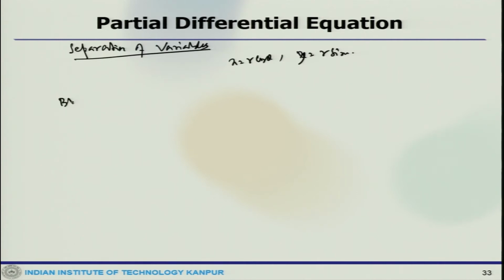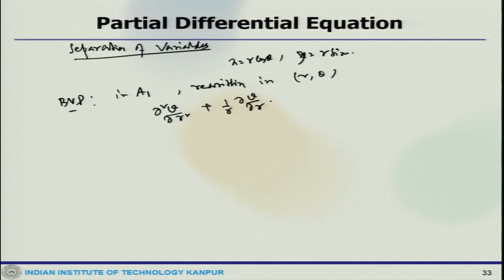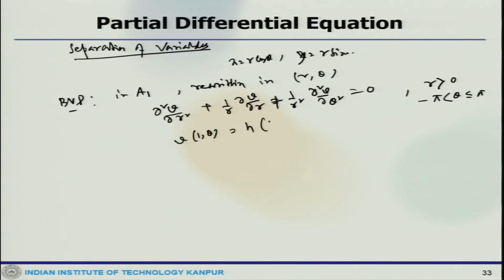So, we start with the boundary value problem, which is given in A1, and rewriting in r, theta, what we get is del 2 v by del r 2 plus 1 by r del v by del r plus 1 by r square del 2 v by del theta 2 equals 0, where r is greater than 0, minus pi less than theta less than pi, and v(1, theta) is h(cos theta, sin theta), where theta is again going from minus pi to pi.